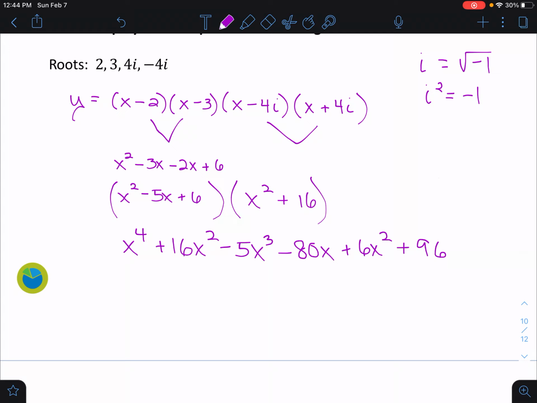Okay, now I want to combine like terms. I see I got like terms here and here. So that would be x to the fourth minus, I'm going to write it in standard form, so highest, work my way down. So this, then this. Now 16 and 6 is going to give me 22.